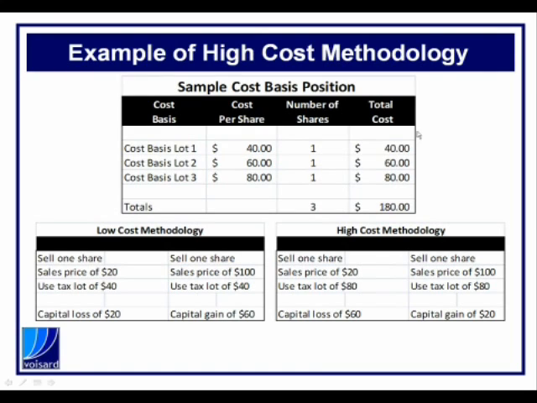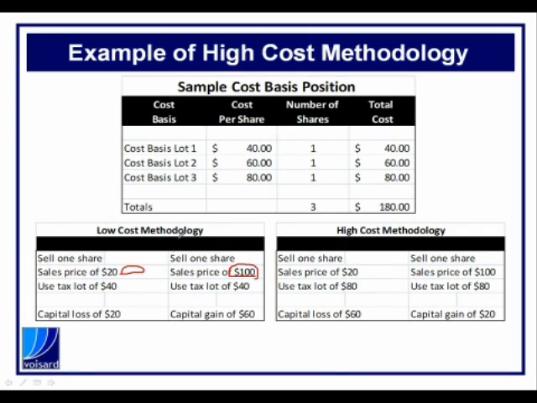Now, if we follow the low-cost methodology, if we sell one of those shares at one point in time, I've got 2 examples. One where you sell the share at 20, and the second one is where you sell at 100.